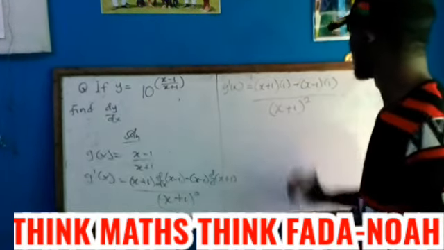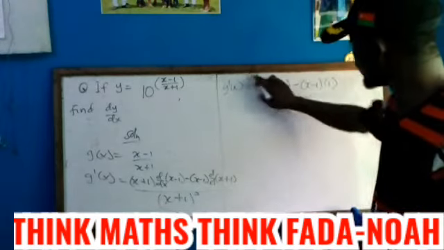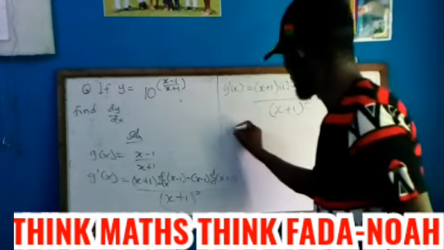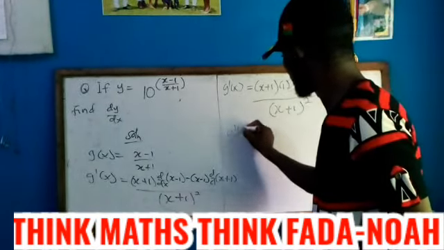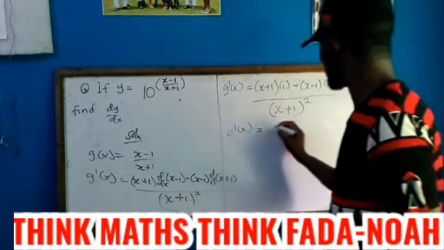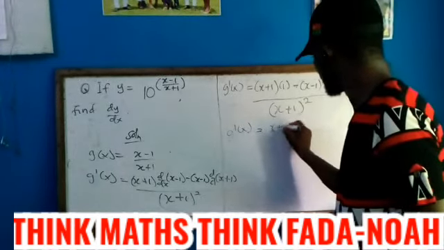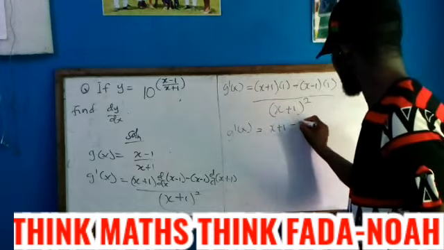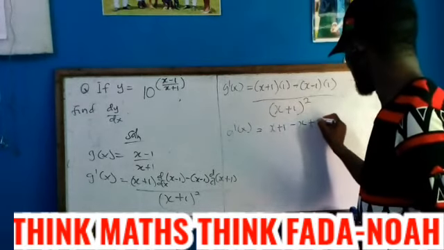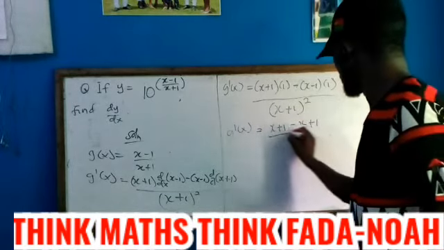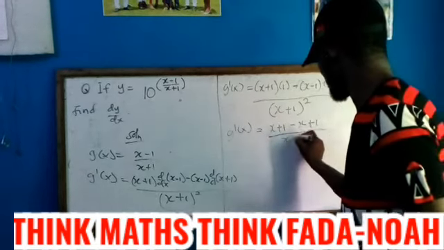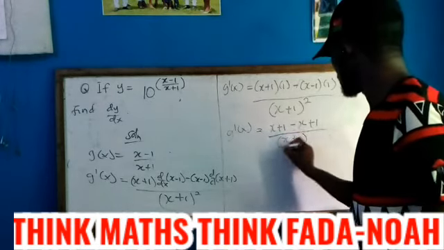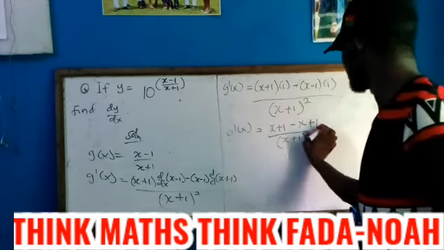So you simplify what you have over here, then you have g prime of x equal to (x plus 1) minus (x minus 1) all over (x plus 1) all squared.